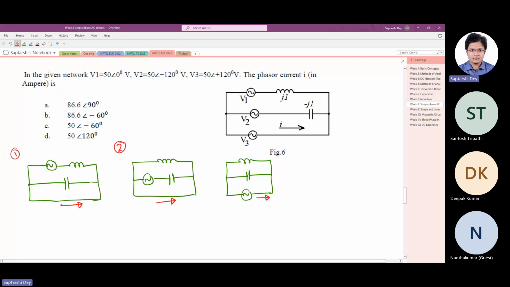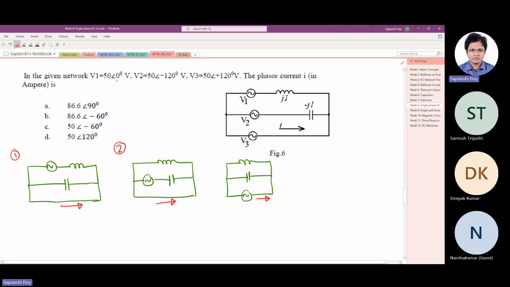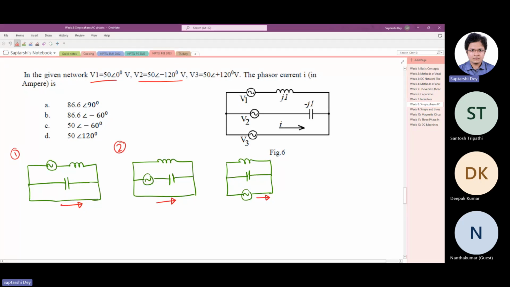See, there is one thing wrong in this question. I discussed this in the very first class: you draw a circuit, you show a voltage source, you give an expression for that voltage, V1 50 angle 0, V2 50 angle minus 120, everything is fine. But until and unless you show the polarity of the voltage sources, it is not correct.